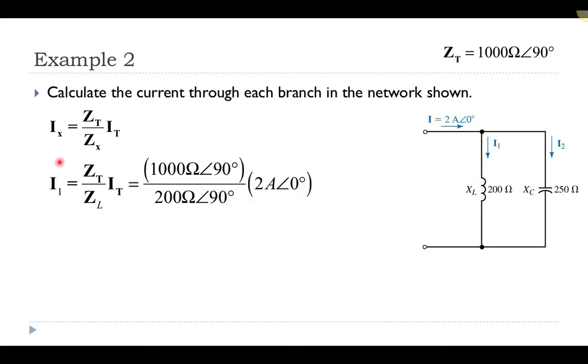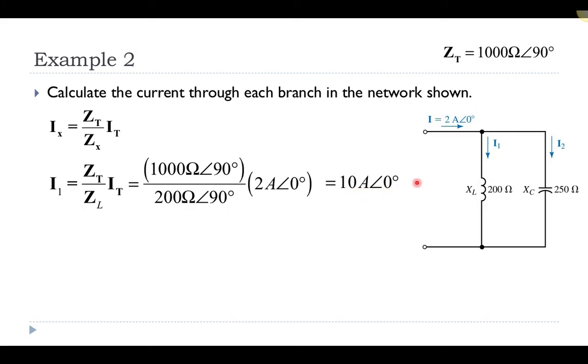So if I wanted to find the current through section 1, I would take the total equivalent impedance, which was 1,000 ohms with an angle of 90, divide by the impedance of this particular piece, which is just the inductor, which was 200 angle of 90, and then multiply that by the total current that's entering that junction, which is 2 amps with an angle of 0. And I end up with a current that's passing through that inductor of 10 amps and an angle of 0.